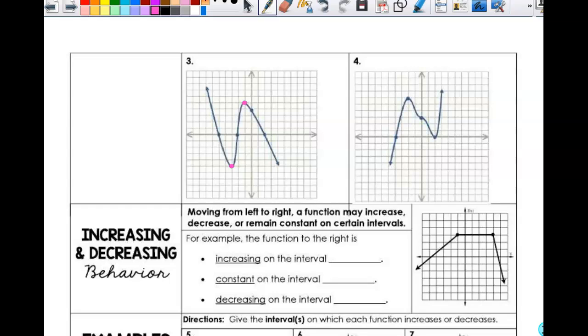No, because this goes to infinity, this goes to negative infinity, so there's not an absolute anything. But that makes this point a relative minimum at (3, negative 5).